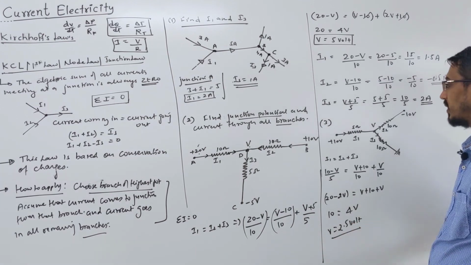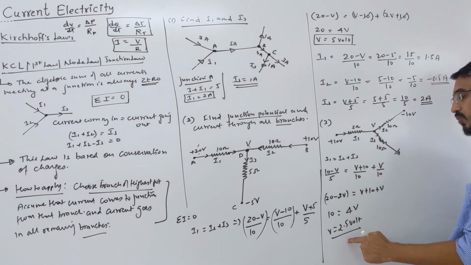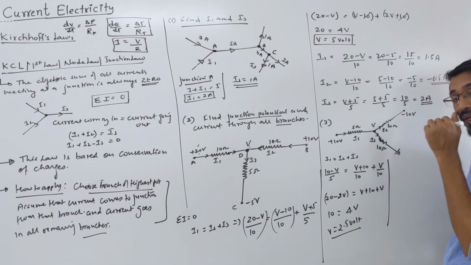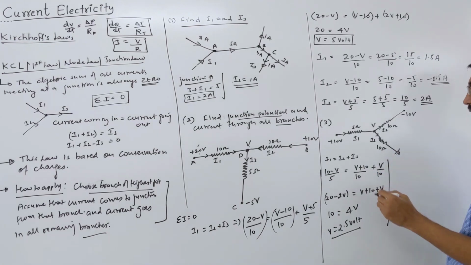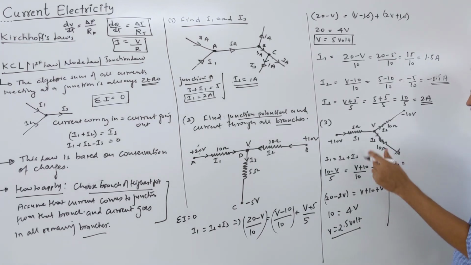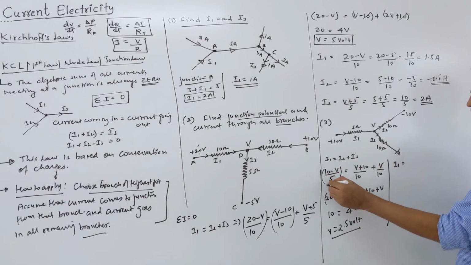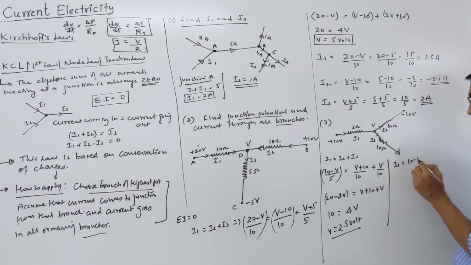Watch carefully: the junction potential is 2.5 volt. Now, for the direction of current, what is I1? I1 is (10 minus V) by 5. With V already calculated as 2.5, this becomes 7.5 by 5, which is around 1.5 ampere.